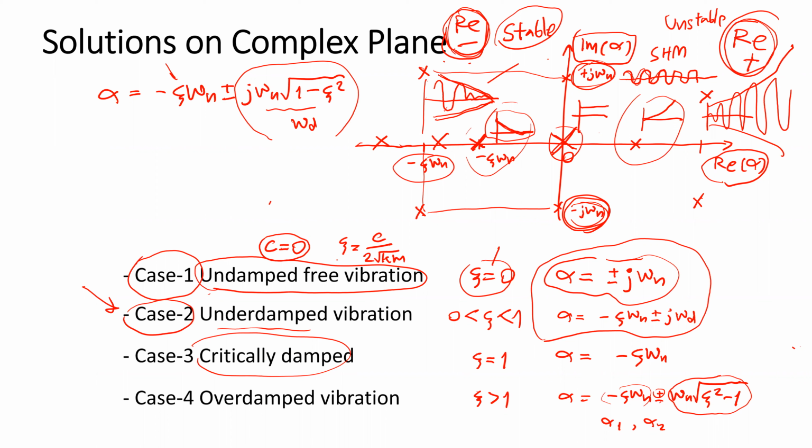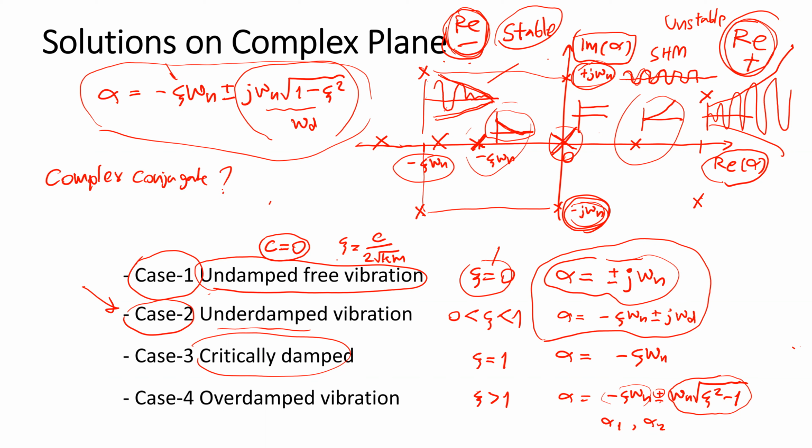If you see the roots of your standard form equation of motion, and you consider the natural frequency and the damping ratio, the first thing we need to check is: do we have a complex conjugate?